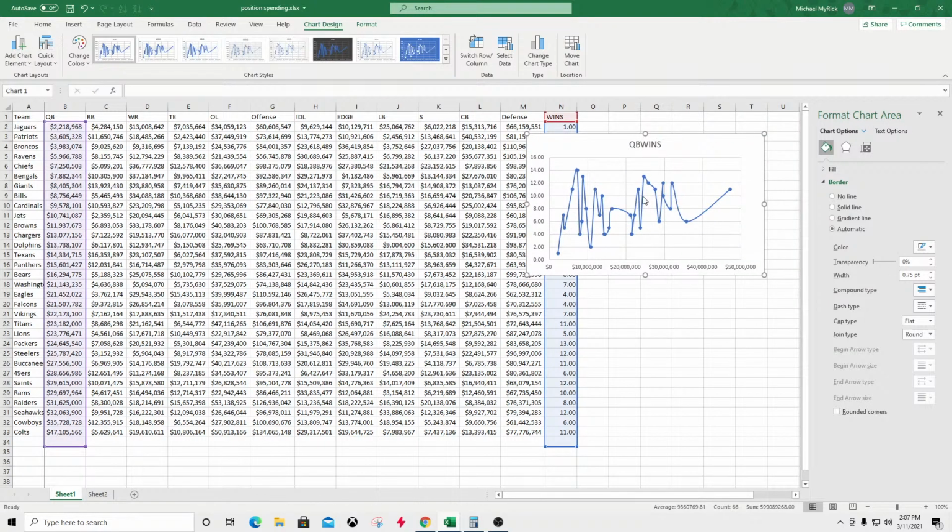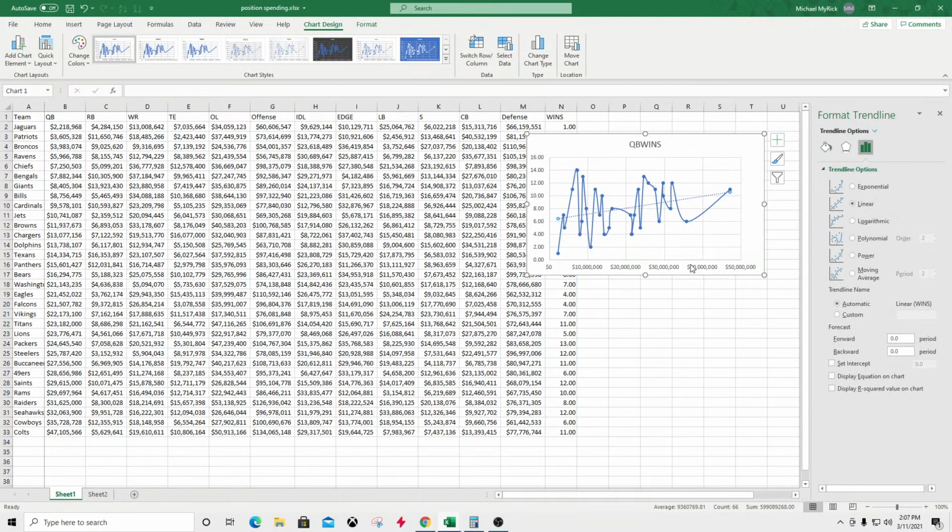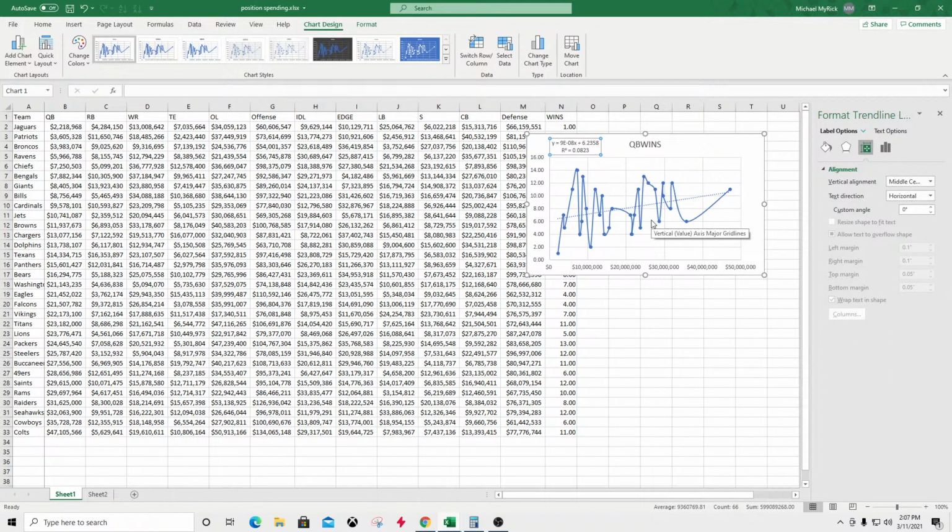Again, not pretty. It's all over the place, but maybe we can make some sense of it. Okay, so first of all, if we just apply a linear line, we get some information.